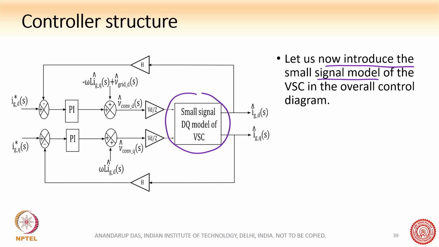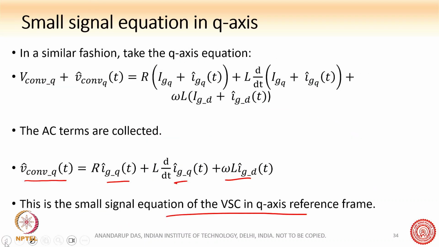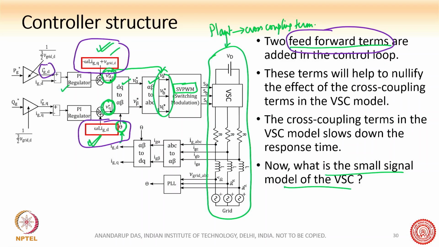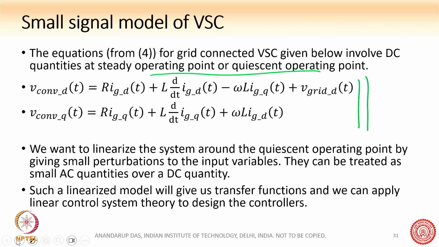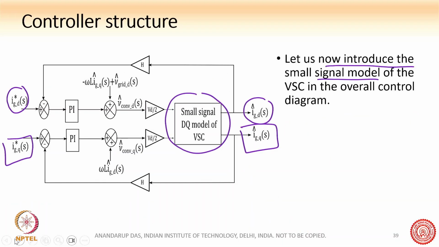Now in the whole control diagram, we go back to the previous one and see IGD star and IGD, IGQ star and IGQ. This is what we had seen, right? This is the whole control system, and then there is a sensor gain here.